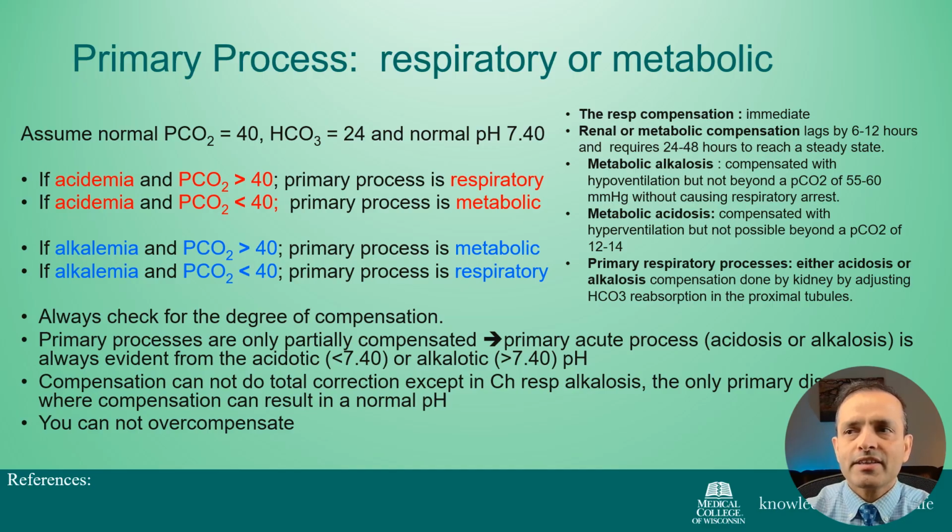Metabolic acidosis is compensated with hyperventilation, but it's not possible beyond a PCO2 of 12 to 14. For a primary respiratory process, either acidosis or alkalosis, compensation is done by the kidney by readjusting bicarbonate reabsorption in the proximal tubules.